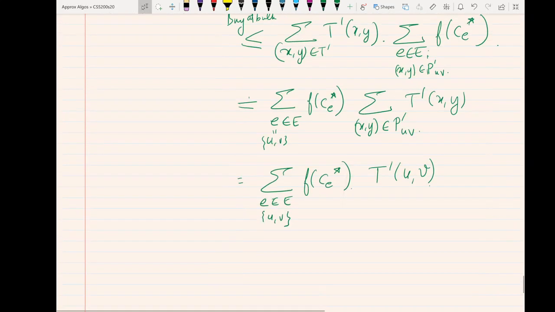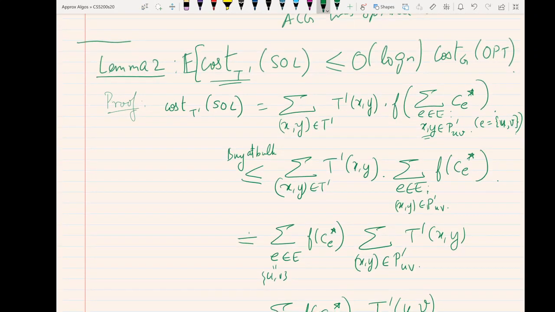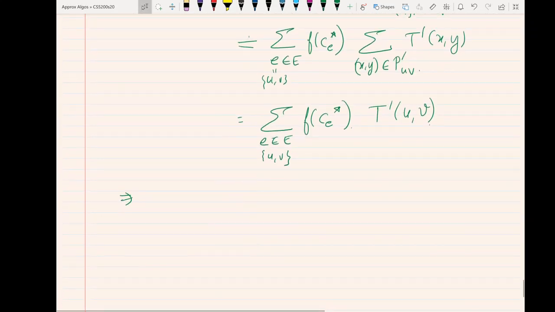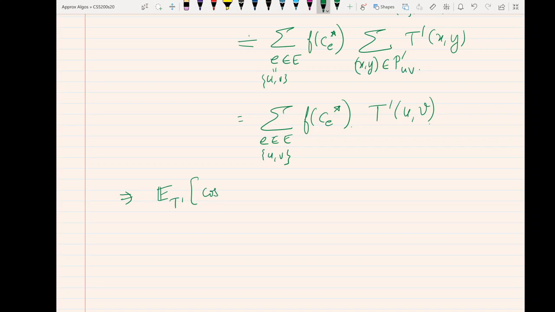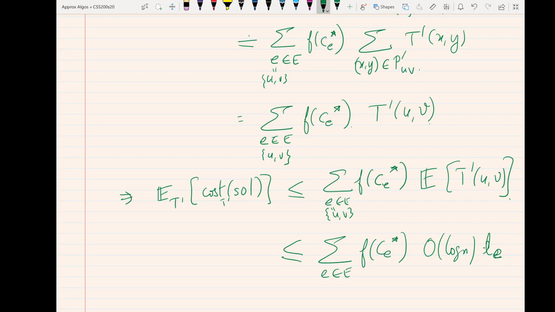And now T prime was random, so this means that, and I should modify this lemma to say that the expected cost, because T prime is random, is less than or equal to the summation over E, where E is F of C star, times the expected value of T prime UV, and from the tree embedding property we know that this is at most order log n times LE, which is also D of UV, the length of the edges.